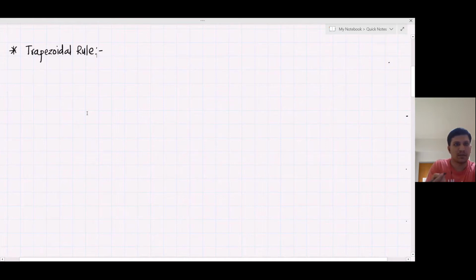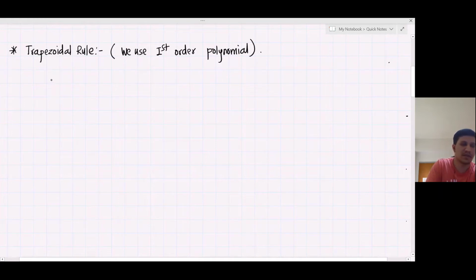In the trapezoidal rule, we use a first order polynomial. That is, we fit a straight line between 2 points to approximate the area under the curve.